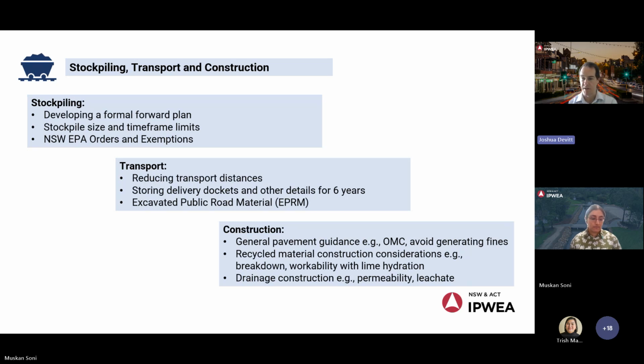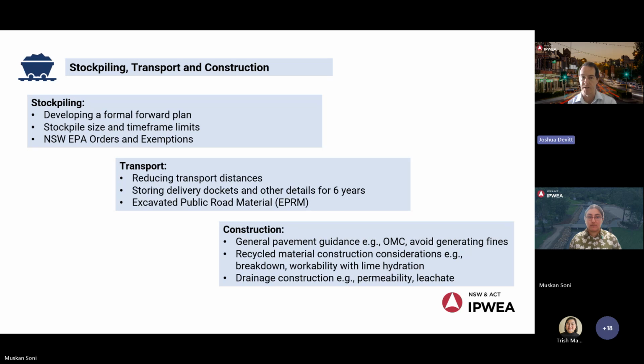You can probably appreciate that in some cases, recycled crushed glass, for example, is very similar to virgin sand, but there are obviously some specific and important differences. Anyway, there is some guidance given around stockpiling of the eight materials, and then some guidance around the EPA orders and exemptions that you would require if you're going to be stockpiling those materials.